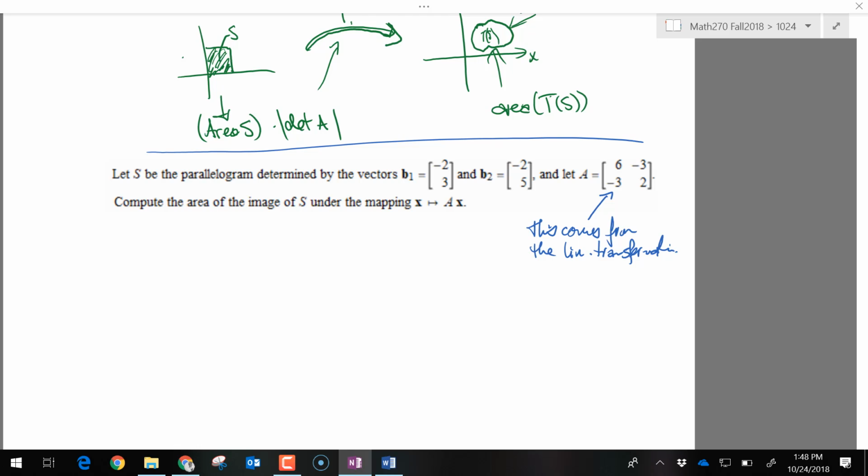So what we have here is in our UV world, these two vectors, -2, comma 3, and -2, comma 5.